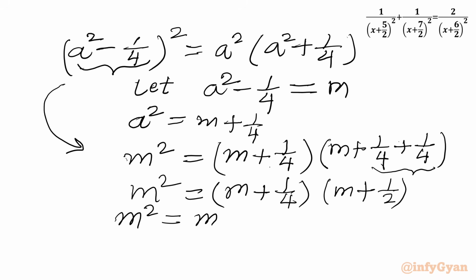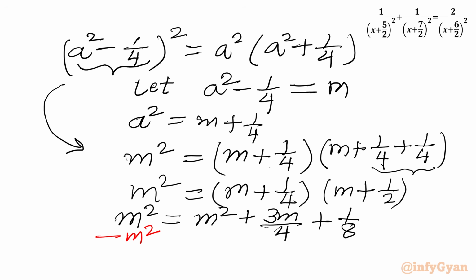We'll get m square. This is m times m. Then m times 1 over 2 is m over 2. 1 over 4 times m is m over 4. We will get 3m over 4. 1/4 times 1/2 is 1/8. Now we can subtract m square from both the sides.